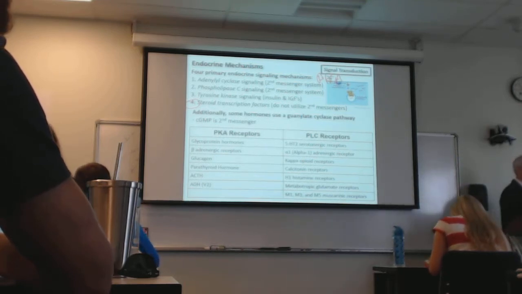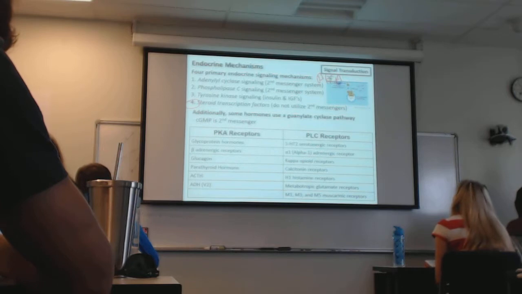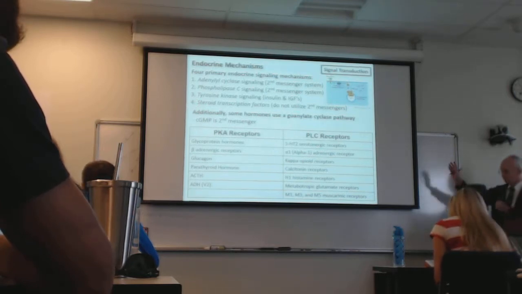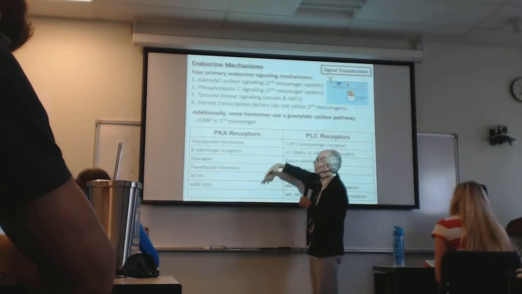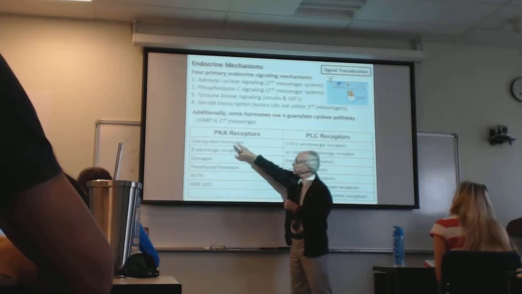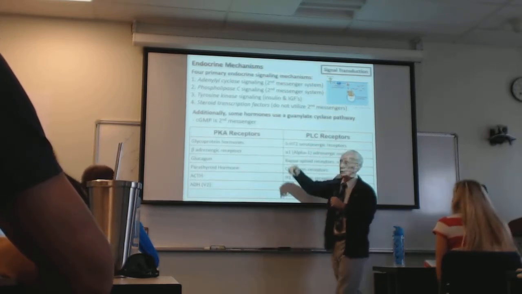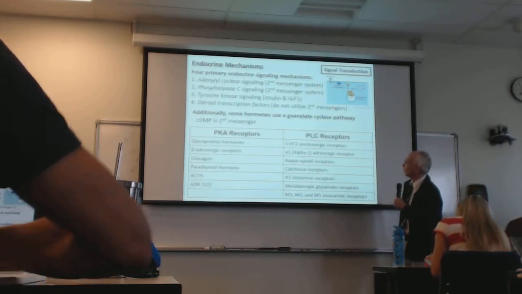We're just going to call it the tyrosine kinase pathway, or tyrosine kinase signaling. As I say, I've dispensed with some of the less critical pathways. Now what you'll notice here in this table, the PKA, remember that's number one. We're going to use protein kinase A interchangeably with the number one adenylyl cyclase pathway.